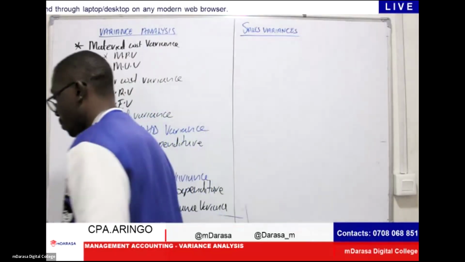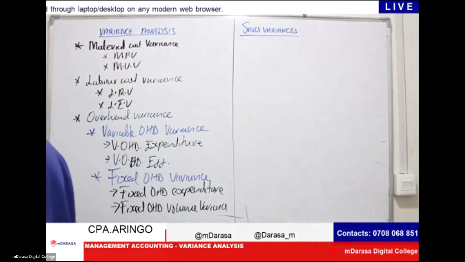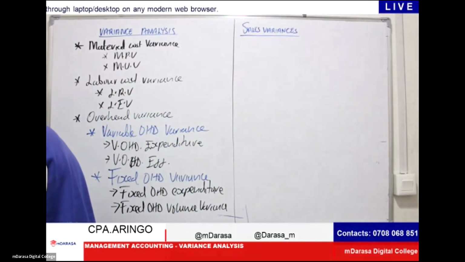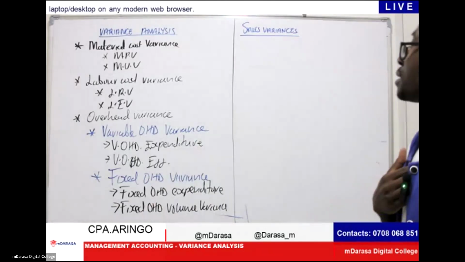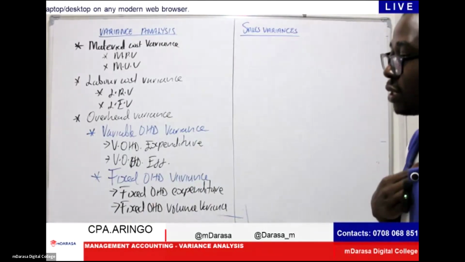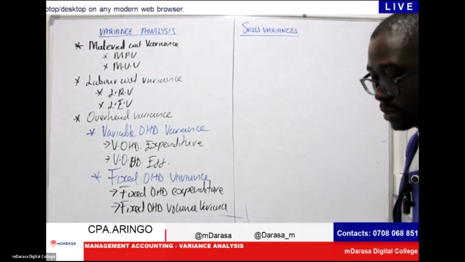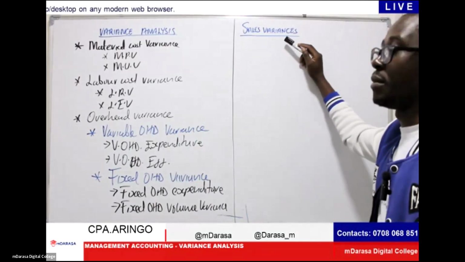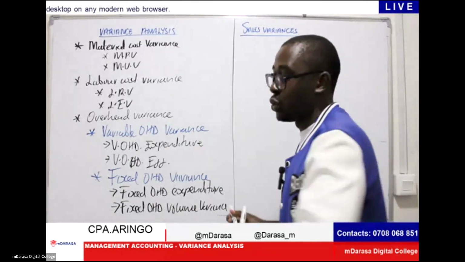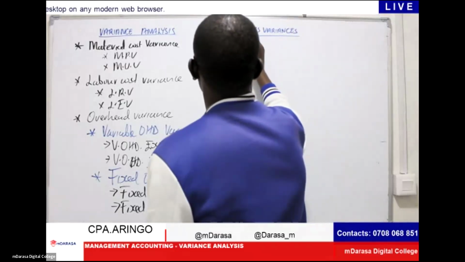When looking at the sales variances, the whole idea still remains the same: we are looking at the differences between budgeted and the actual. Key element under sales variance, we have 2 components.